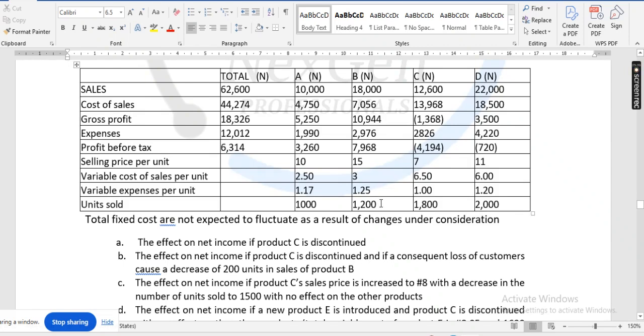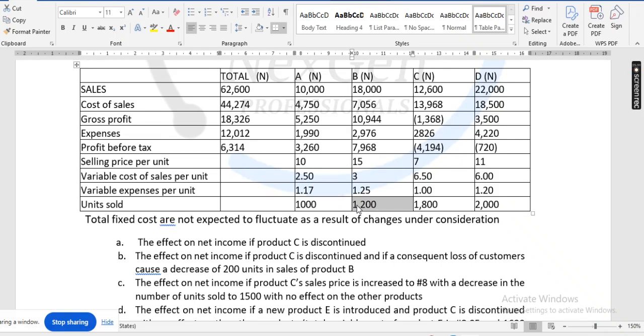So which means that as a result of discontinuing product C, you will lose 1,200. Class, as a result of discontinuing product C, this is what I'm talking about at the beginning. Because there are some consumers that it is because of that product C they are patronizing the company.